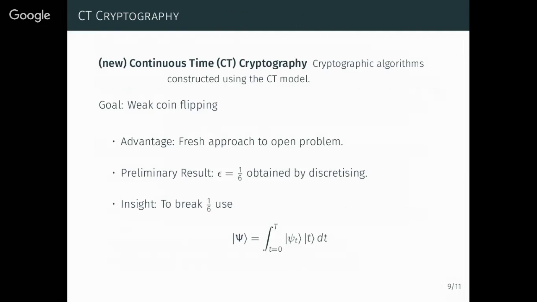So at a time capital T, this state effectively encodes all possible logical states the system had until time T had elapsed. So it has all possible logical states encoded until time T, at time T. That's really useful. And it's possible that we need all the history to be able to break this 1/6 limit. And that is the insight that we have.